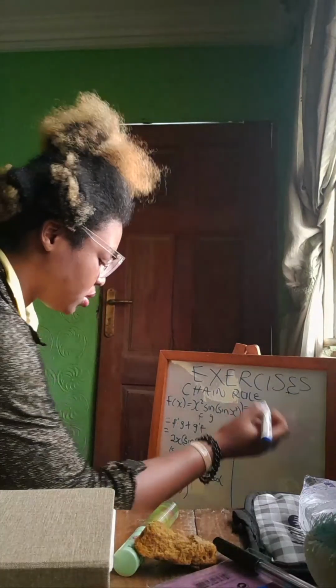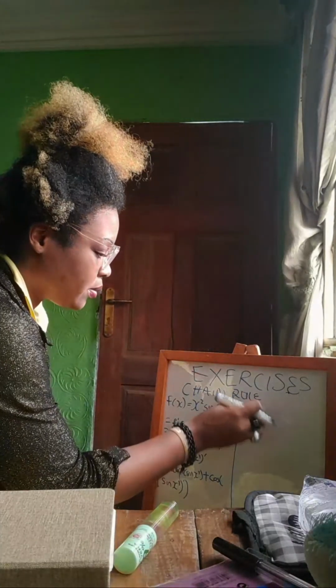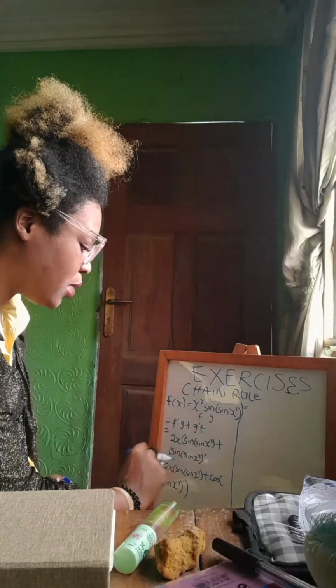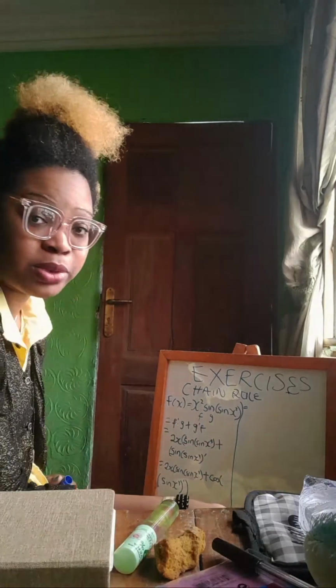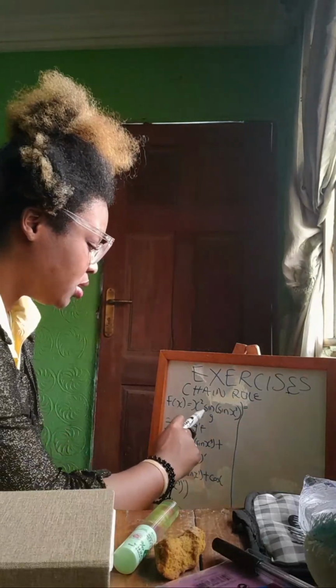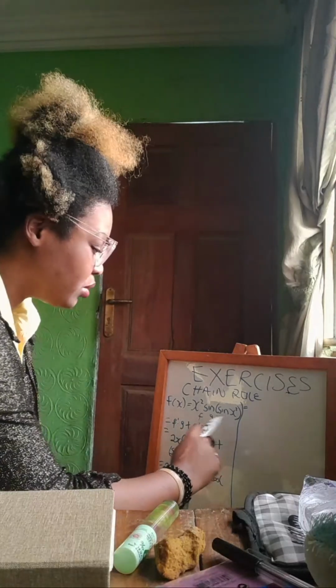Maybe we should not repeat this thing over and over. Let's just solve for the second function, then we bring this one to the final expression. So we have gotten the derivative of sine, and we can see this chain rule in here.